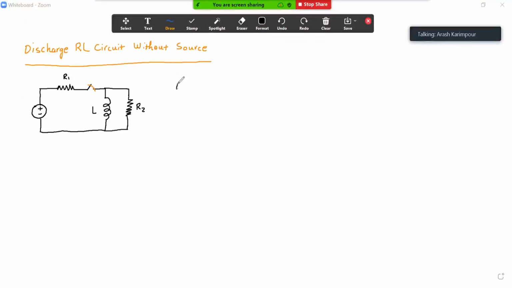We know that for t less than 0 the key is closed, and at t equal to 0 the key is open. So we open the key at t0.